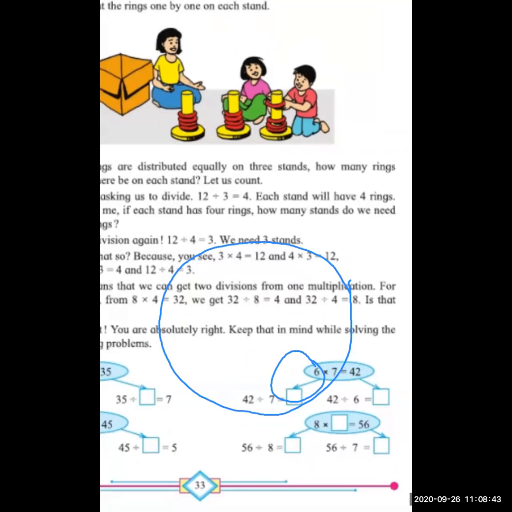And 42 divided by 6 is equal to what? Yes, 7. That means in the table of 6, 42 is on the 7th number. Okay?